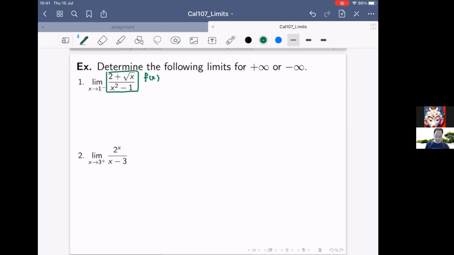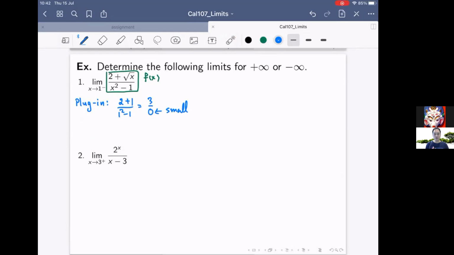If you just try plugging in first, you are going to have 2 and 1 over 1 squared minus 1, which is 3 over 0. However, this one is not valid to write down. Just say that the denominator is a small number, close to 0. It is not really 0, but just a small number.